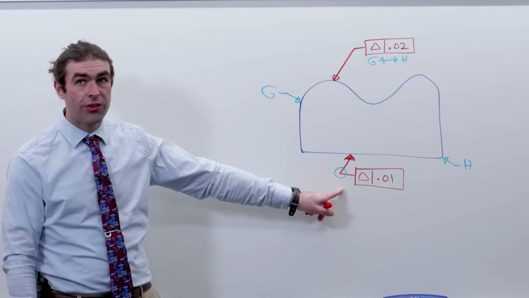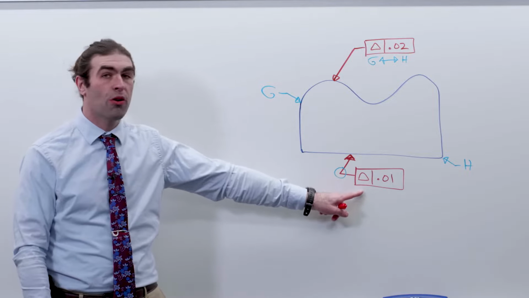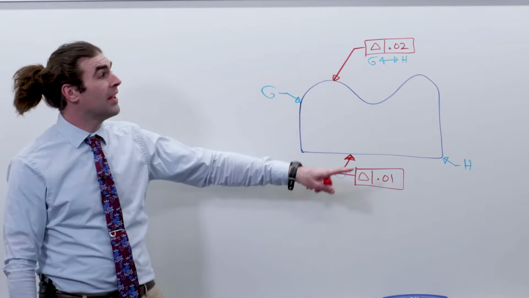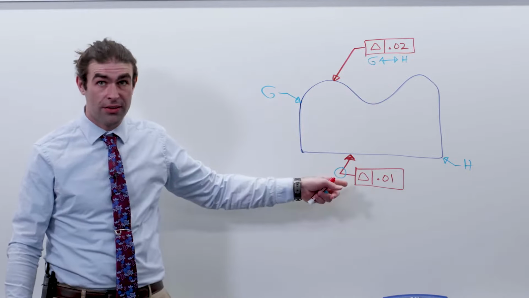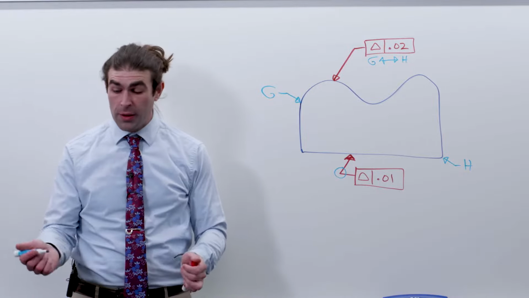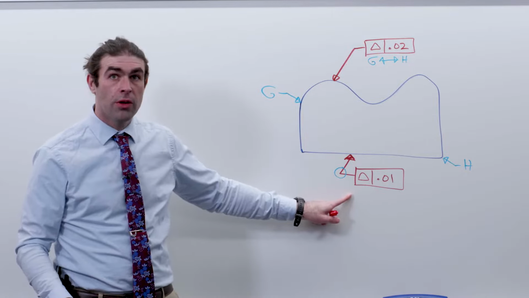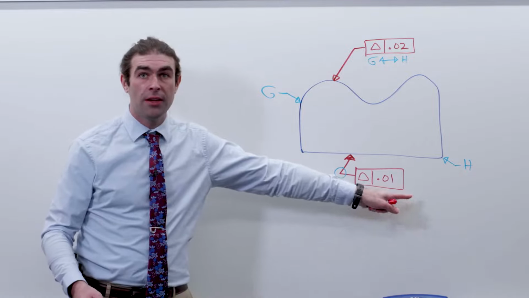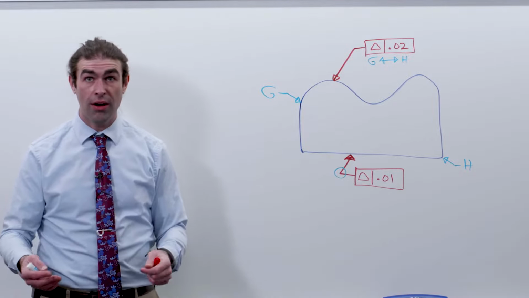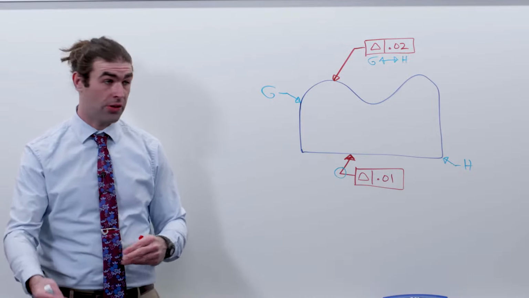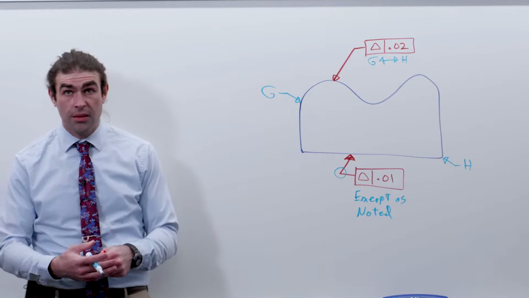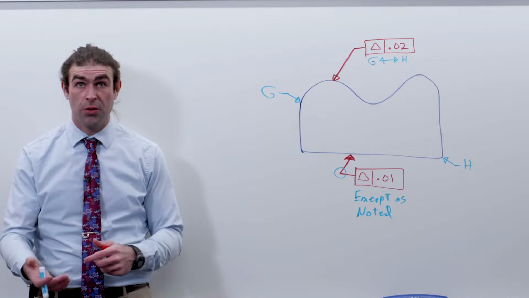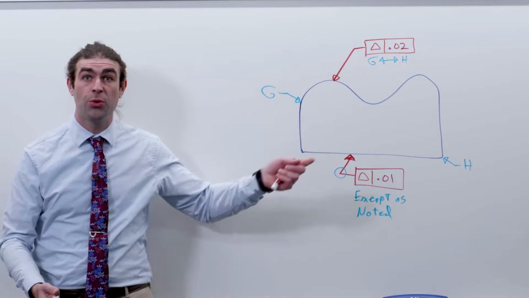If you just glanced at this drawing and saw this profile 10 thousandths all around, it's possible you could ignore this, even though it's going to take precedence over this. The way you avoid that is beneath this one, we write except as noted to alert the reader of the drawing that there's going to be some exception to this all around symbol. That covers us and makes sure the reader is redirected to the other tolerance.